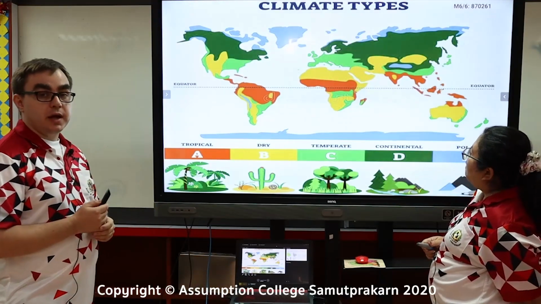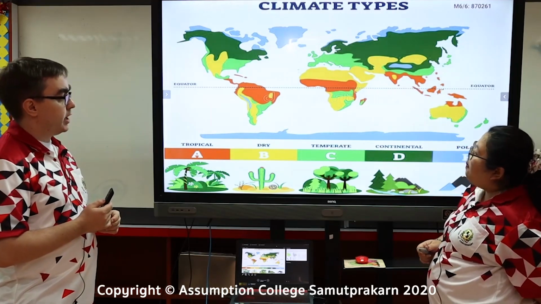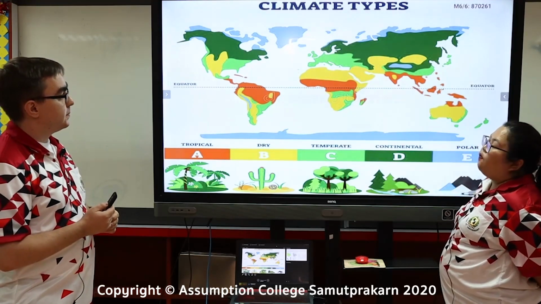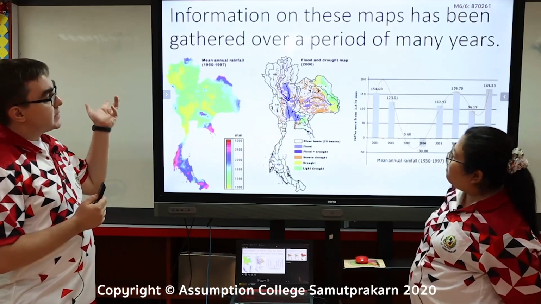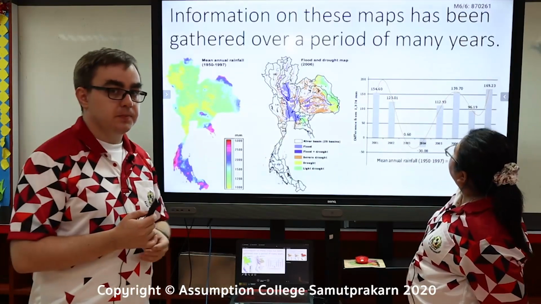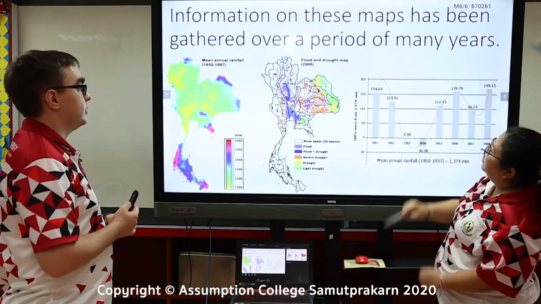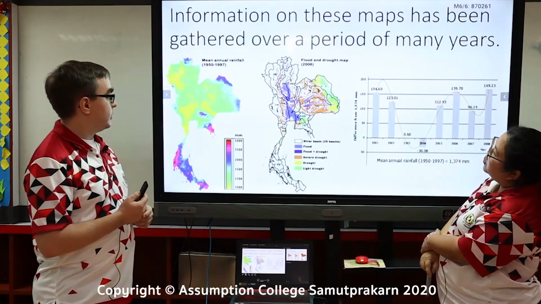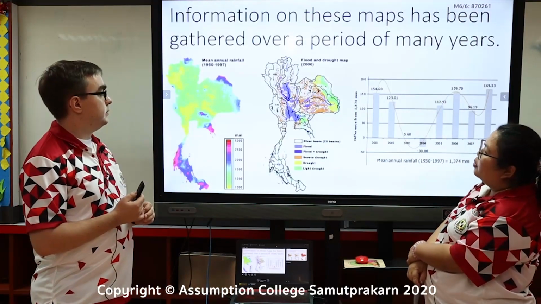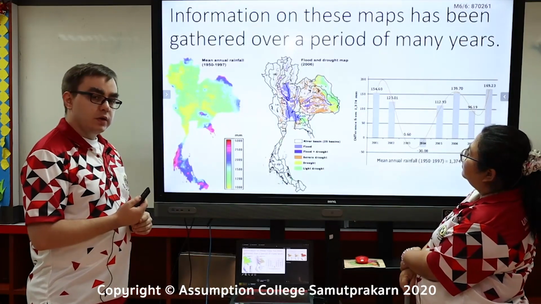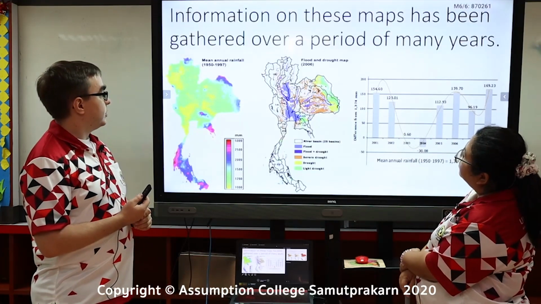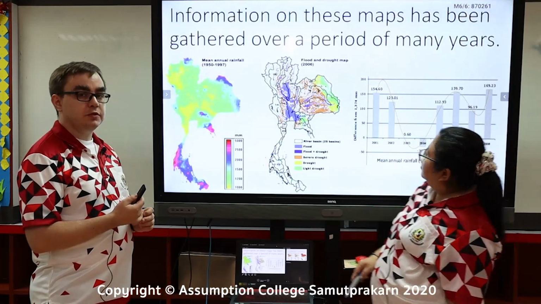Again, we look at the climate map that shows us the types of climates all around the world. Information in these maps needs to be gathered for many years in order to be accurate. So, many of these, for example this one, the annual rainfall, was gathered over a period of almost 50 years.